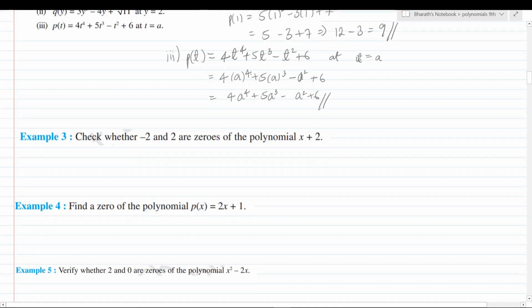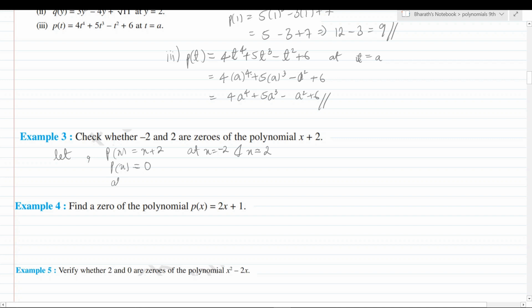Now let's go for this example 3. Check whether minus 2 and 2 are the zeros of the polynomial. See, what do we know zeros of the polynomial is? Let p of x be equal to x plus 2, at x is equal to minus 2, x is equal to 2. This p of x should finally be 0.